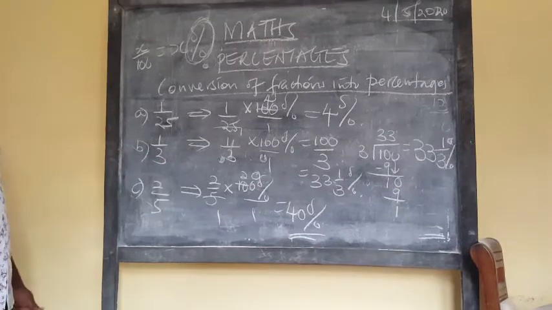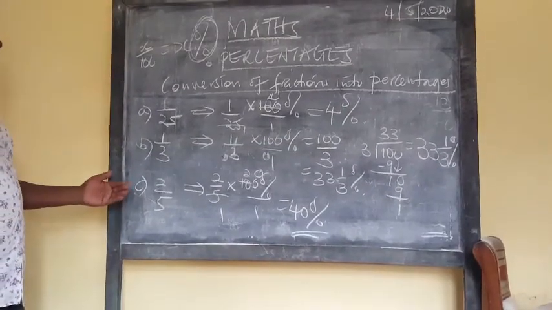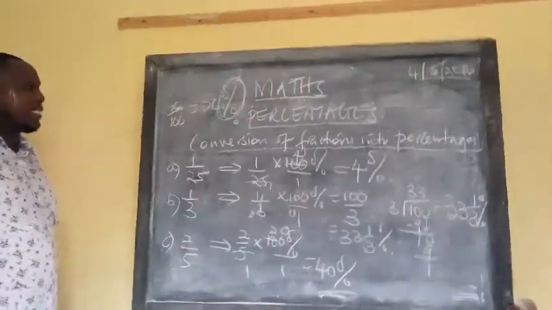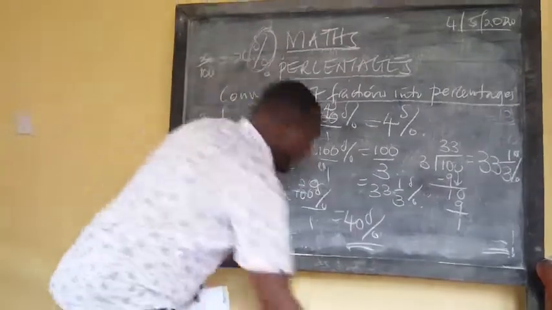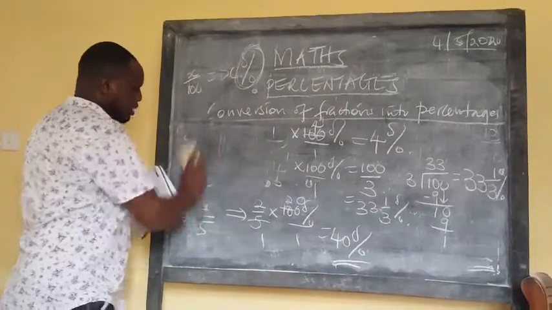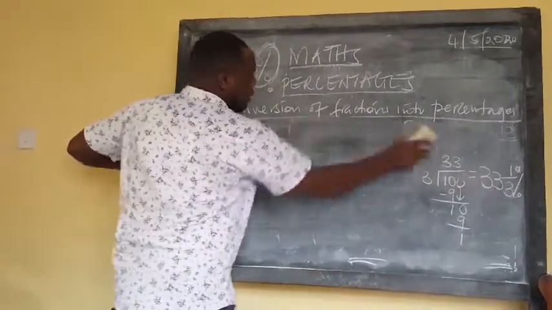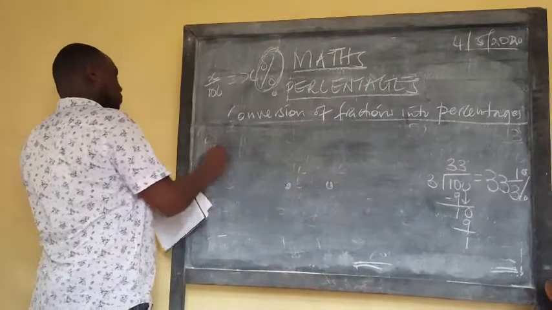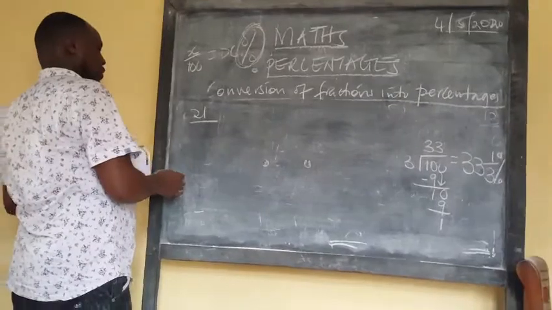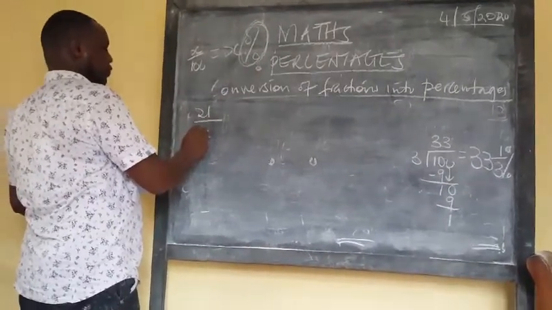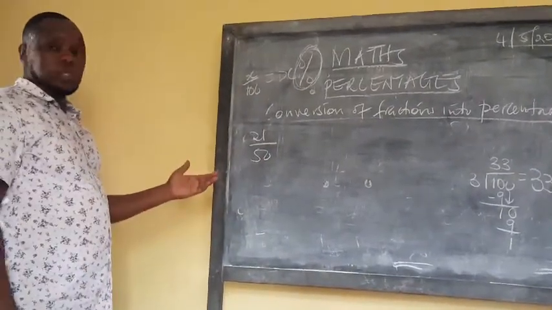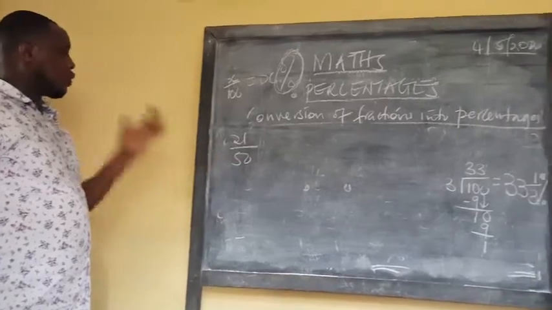We can have several examples, as many as you want, but the formula is just the same. Get the fraction, multiply by 100%. Let's have a few other examples. We can have more examples, like learners getting 21 out of 50. 21 out of 50 as a fraction converted into a percent.